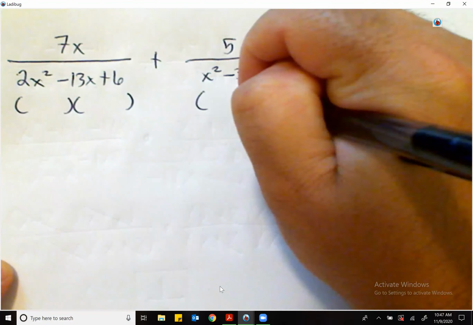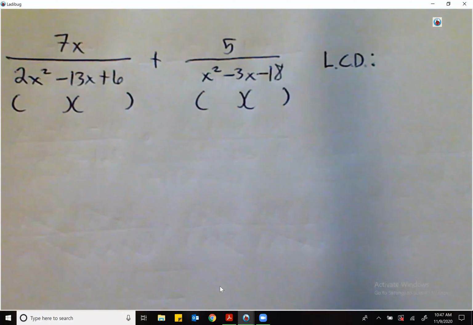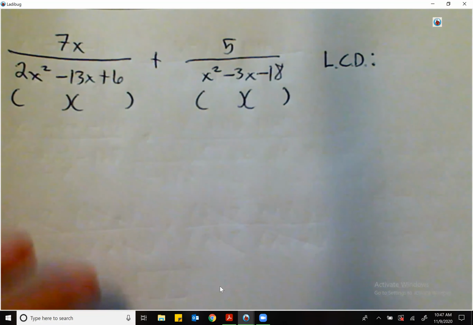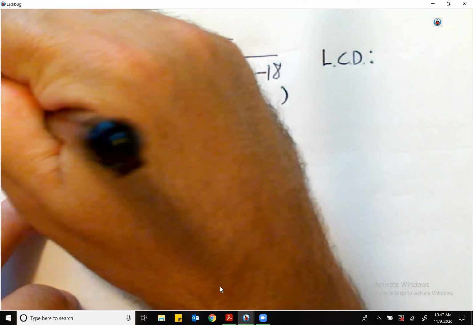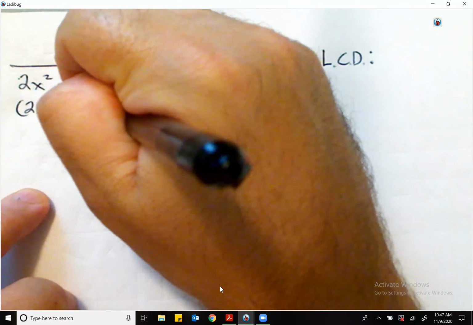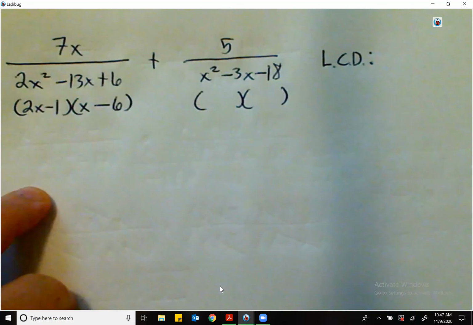So what is the LCD going to be between these two fractions? Just x minus 6 is part of it. Remember, the LCD has to be made up of everybody: 2x minus 1, x minus 6, and x plus 3.